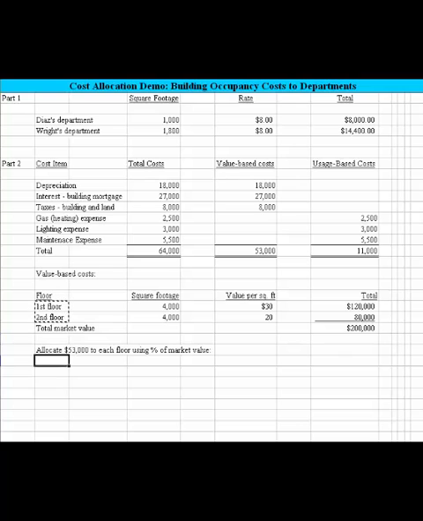Let's copy this down again. Let me drop in an extra row here. Again, this would be floor. Now we could drop in the market values that we used from above, right?